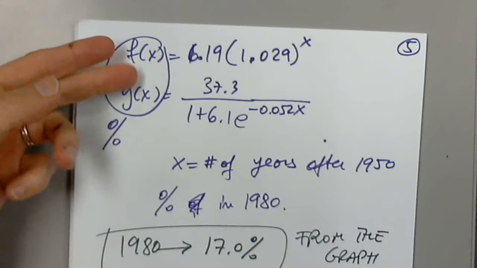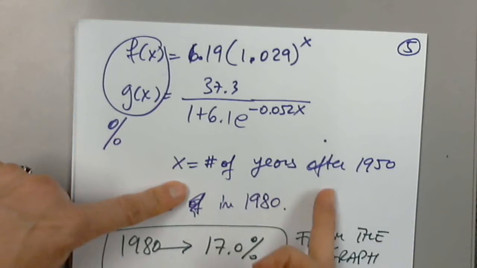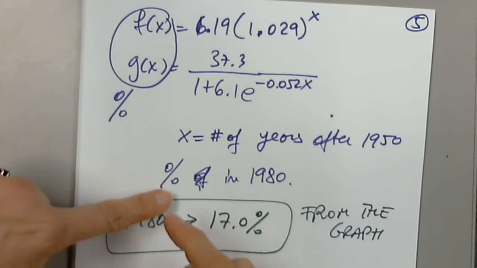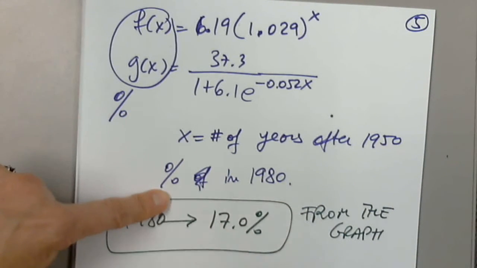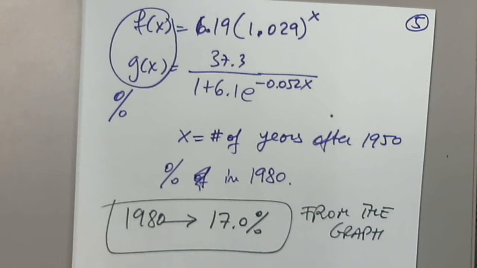So I'm given two functions. They represent the percentage of adults 25 years and older who were college graduates in different years. X is the number of years after 1950. I am asked to find the percentage of 25 and older who were college graduates in 1980. And from the graph, I'm given this.